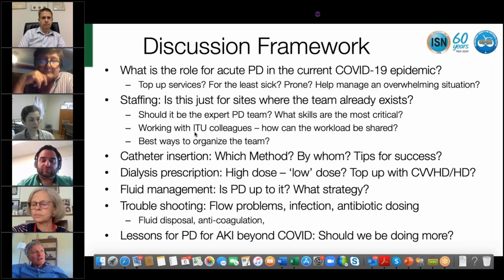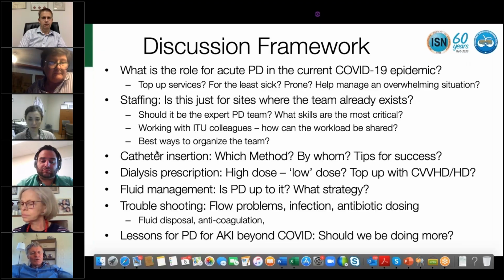We do have a surgeon who puts in laparoscopic catheters, but we've not chosen to do that on ITU, although we could do so. We always use Tenckhoff catheters, not hard catheters, and I can't really see why we would want to put hard catheters in these patients.